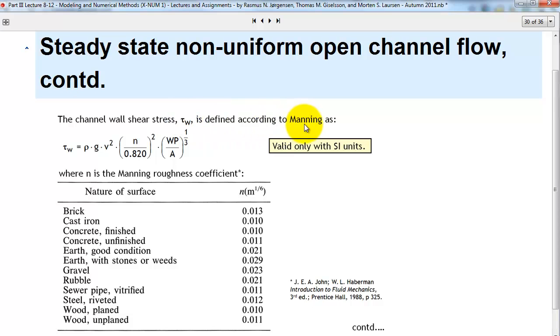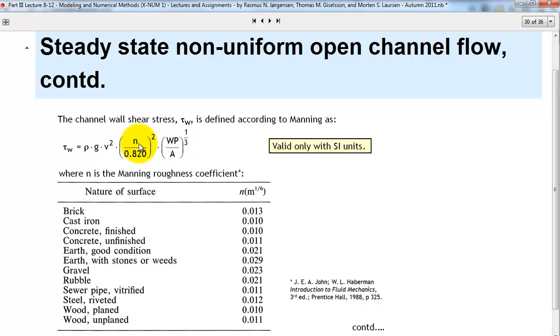That's what it was called. And Manning has defined a little equation here, or relation, saying that it depends on the gravity forces and the density and the speed. So the faster, the higher the friction. And here's the number, Manning roughness coefficient.